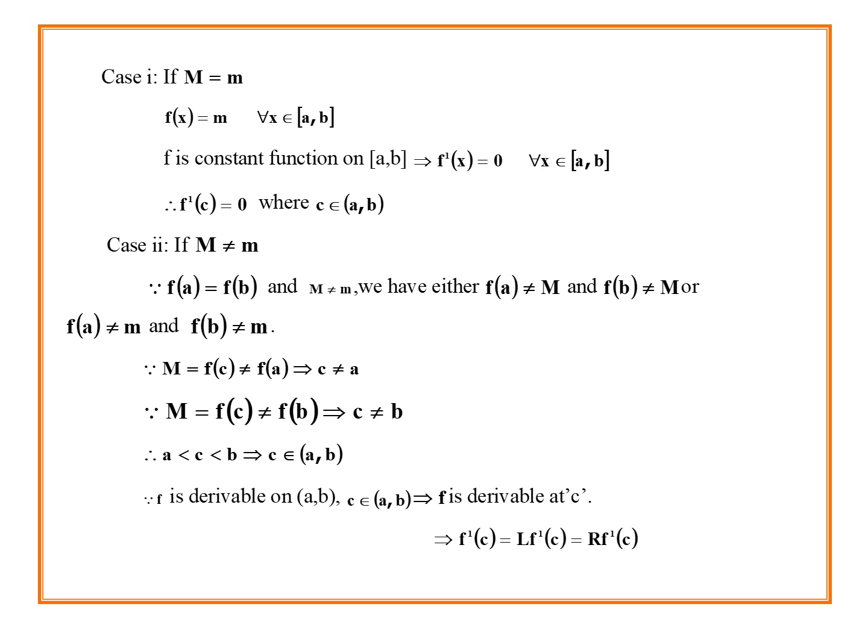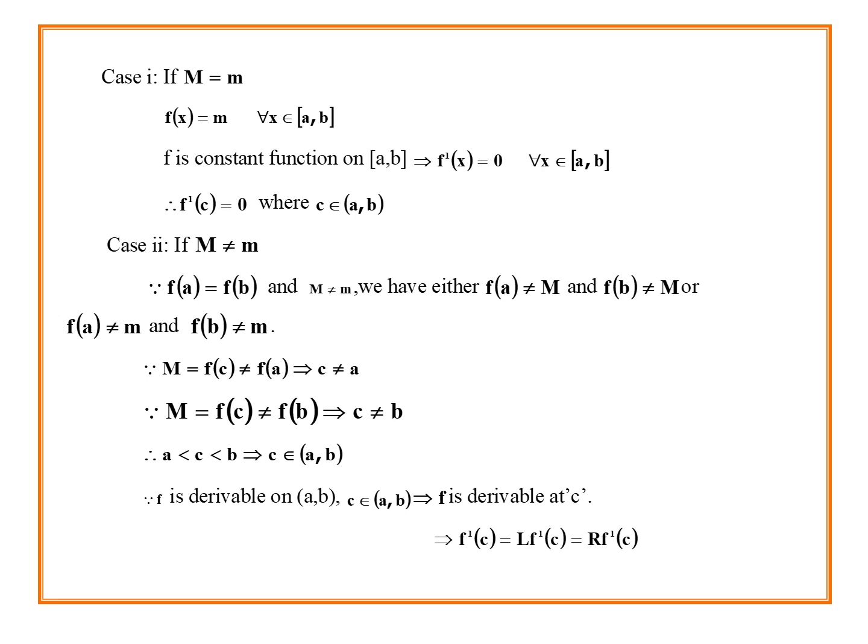Therefore, capital M is equal to f(c), which is not equal to f(a). That implies c is not equal to a. Similarly, capital M is equal to f(c), which is not equal to f(b). That implies c is not equal to b. Therefore, a is less than c, which is less than b. Whenever we have a less than c less than b, c exists in open interval (a,b).